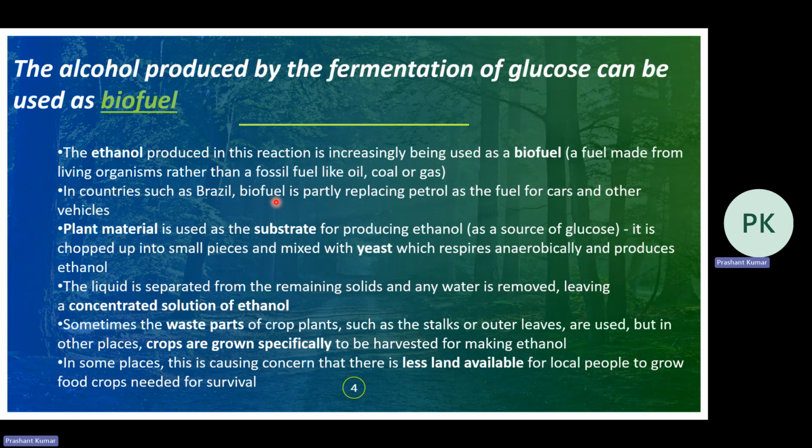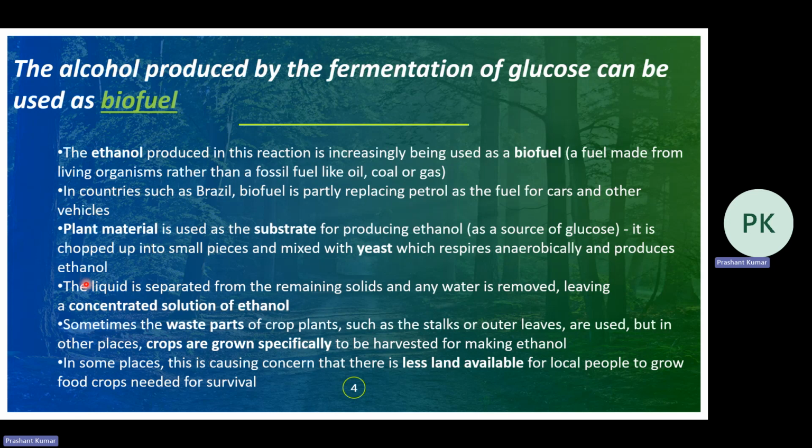So it's very amazing and a good step in the field of conserving energy. Plant material is used as a substrate for producing ethanol, right? Because plants have glucose, and yeast is going to respire anaerobically and produce alcohol.